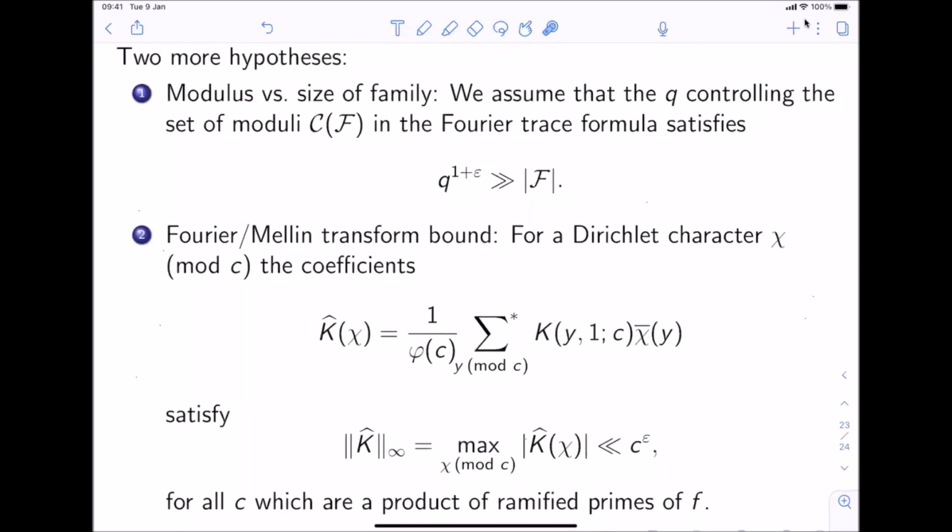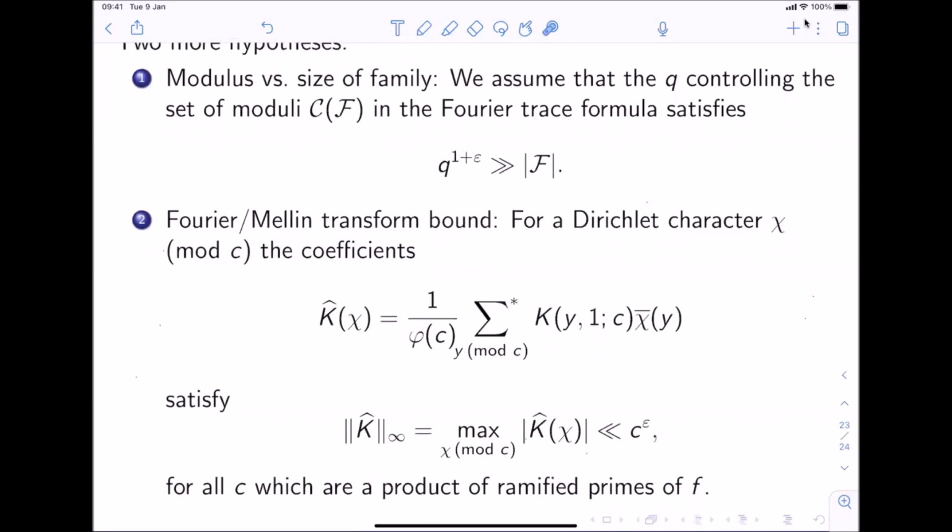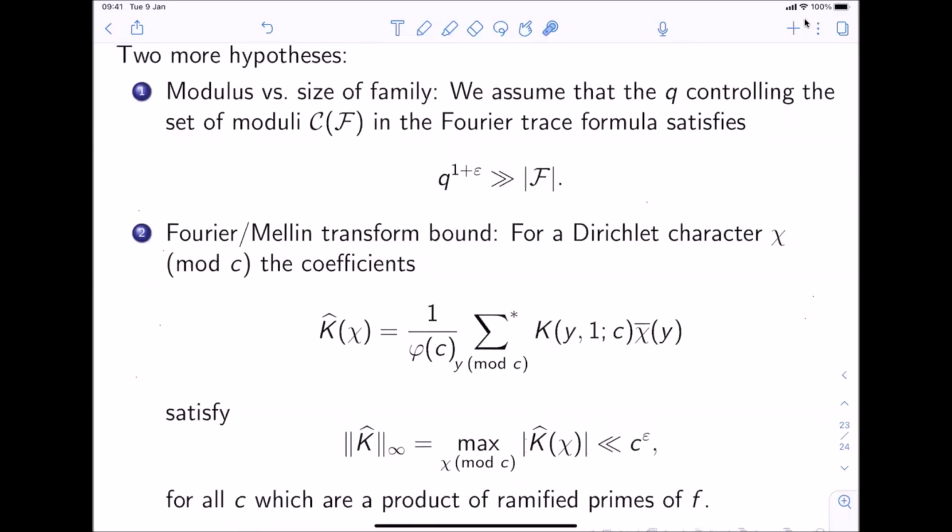So this can be, as long as that modulus is bigger than the size of the family or just less than it by about a Q to the epsilon, it's okay. And the second thing is that we don't actually need nice bounds on these generalized Kloosterman sums themselves, but we need nice bounds on their Fourier-Mellin transforms instead.